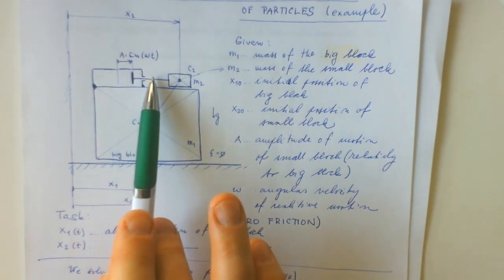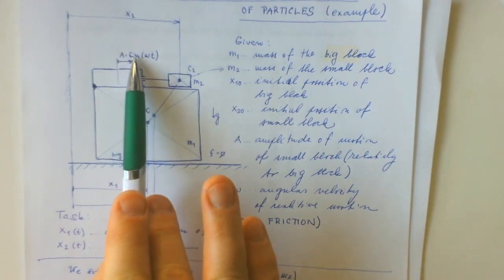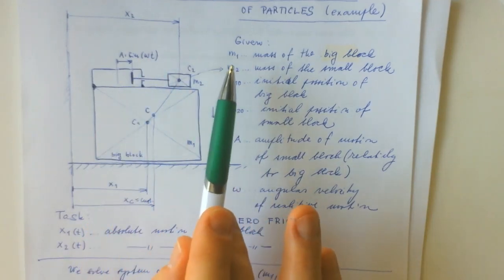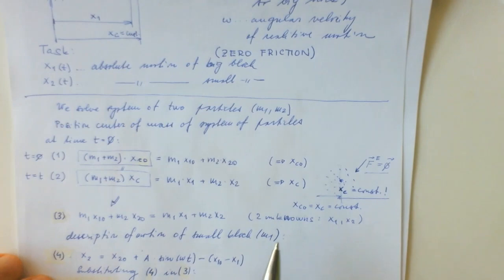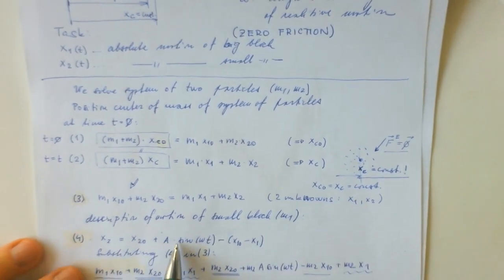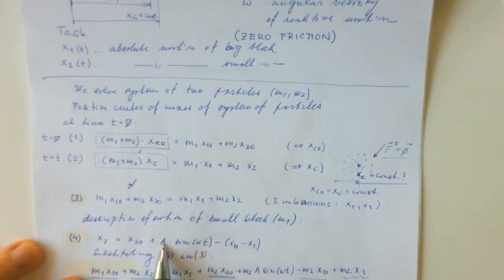So it moves by a sine omega t to the right. So there is plus some relative motion of m2 regarding m1 about this value.